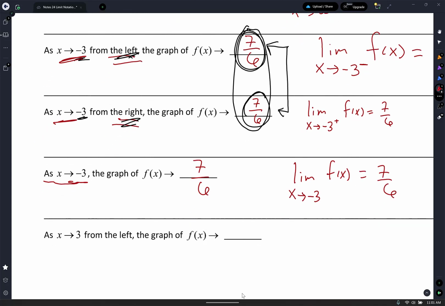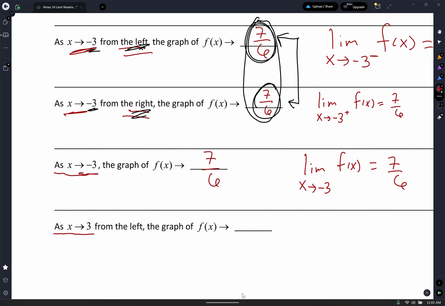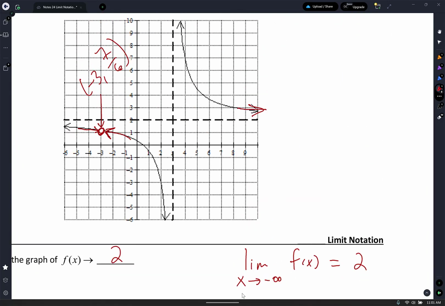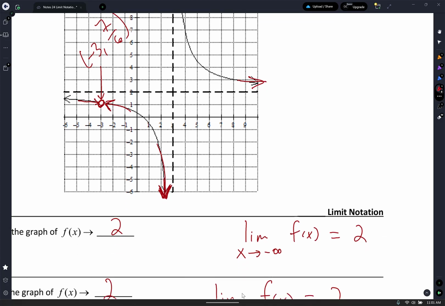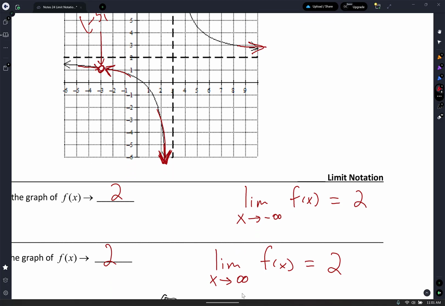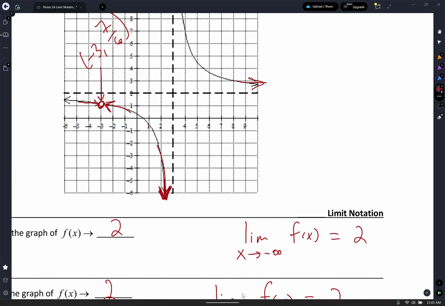All right. Now check this one out. As x approaches 3 from the left, so now I'm approaching 3, which is my vertical asymptote. If I approach 3 from the left, what am I approaching? If I approach 3 from the left, my y values are not 0.